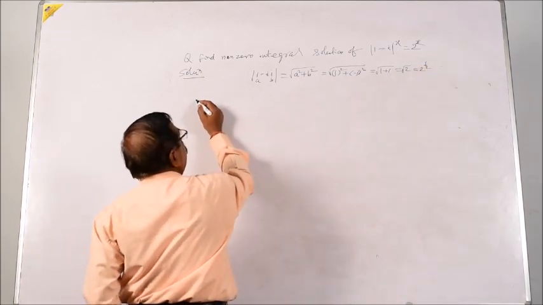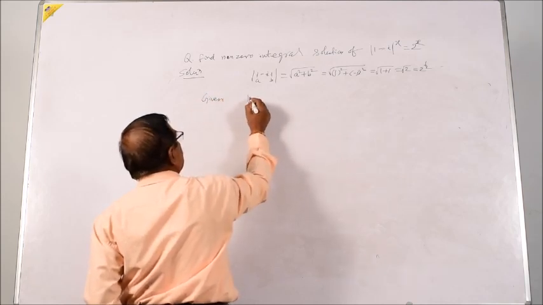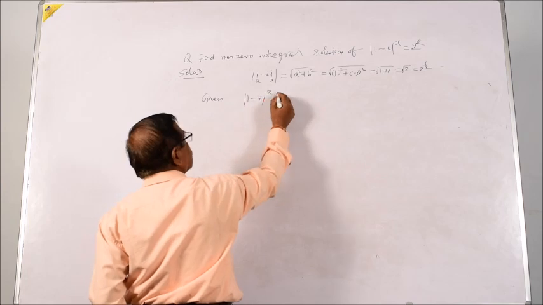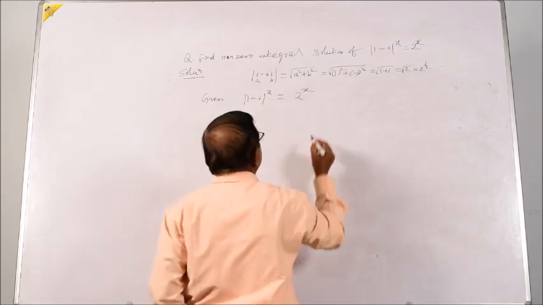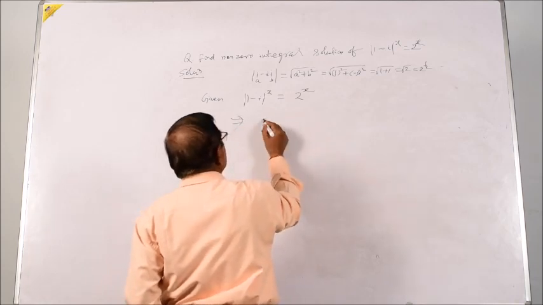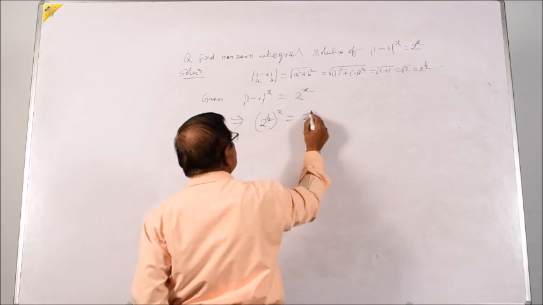So, given 1 minus i to the power x is equal to 2 to the power x, that implies 2 to the power half whole to the power x is equal to 2 to the power x.